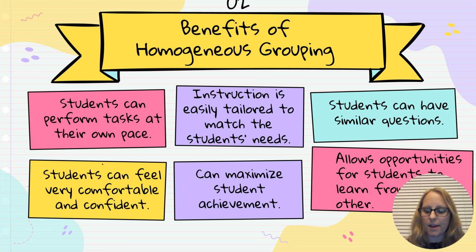Homogeneous grouping can maximize student achievement, and it allows opportunities for students to learn from one another. Again, because the environment is at a more comfortable pace, they're feeling like they can explain things to their peers and things like that.